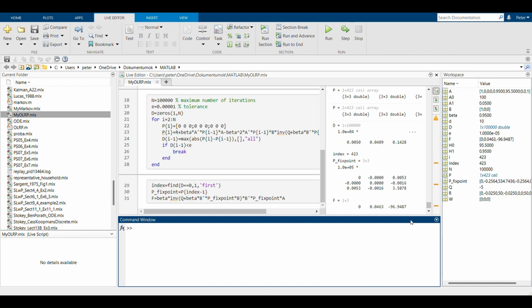And here we are. You can see the solution F is the same as we were waiting for. This is consistent with the official solution of the textbook, so I think we are justified to say that we have made a good job. So that's all for today.